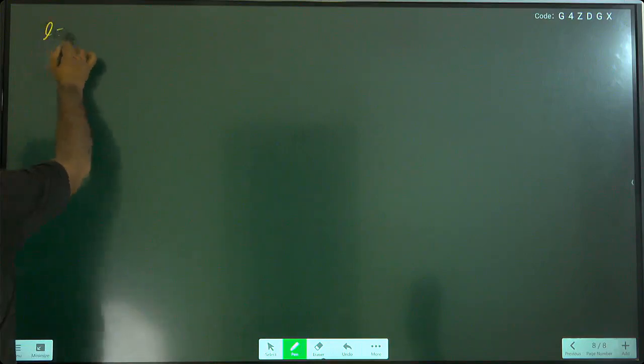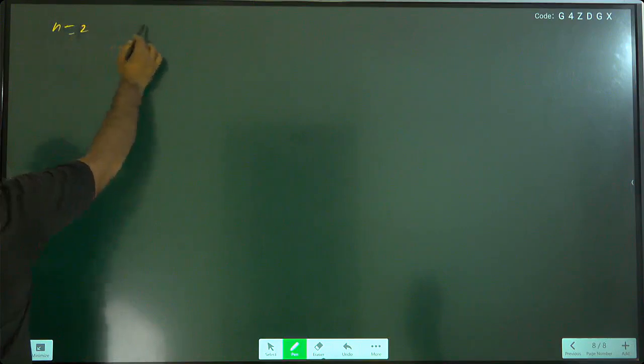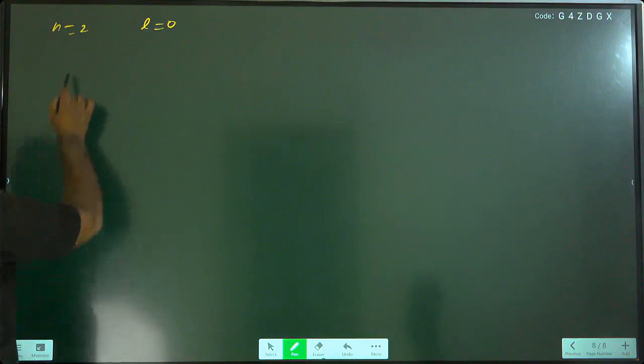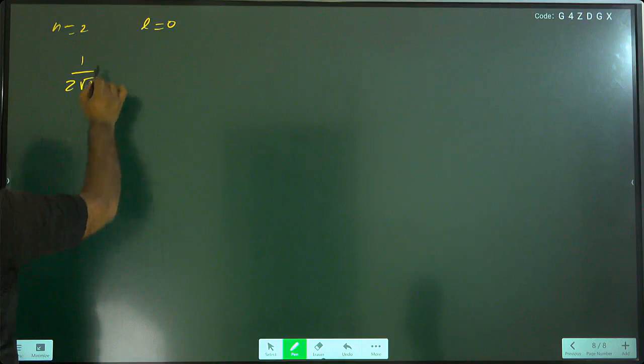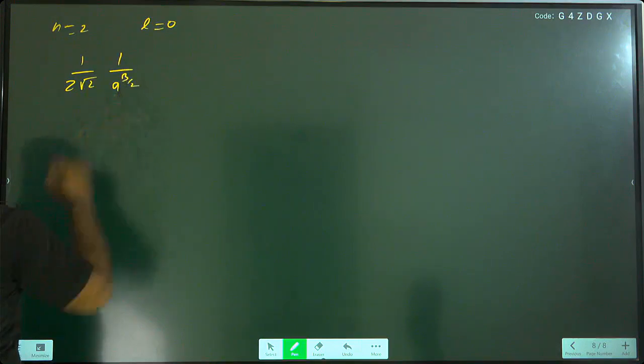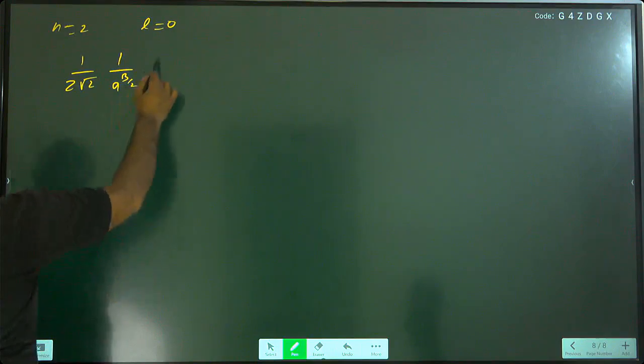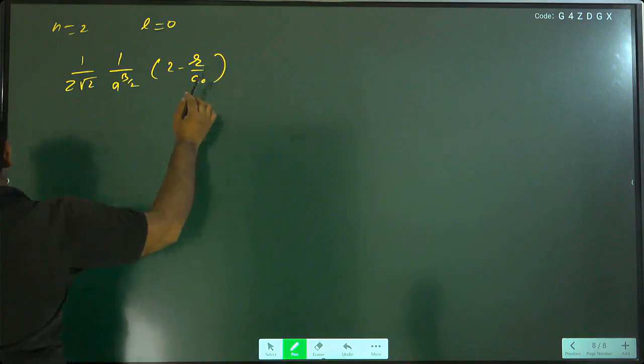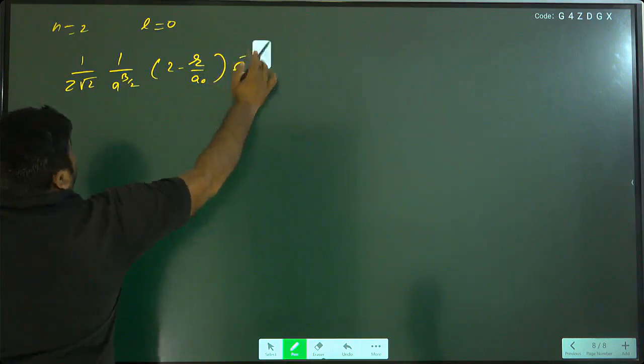N is equal to 2, L is equal to 0. We're getting, yes. तो इसकी जो वैल्यू आएगी दिस इज 1 अपॉन 2 root 2, 1 upon a naught bracket is to 3 by 2 into 2 minus r upon a naught bracket is to 1 into e to the power minus r upon 2 a naught.